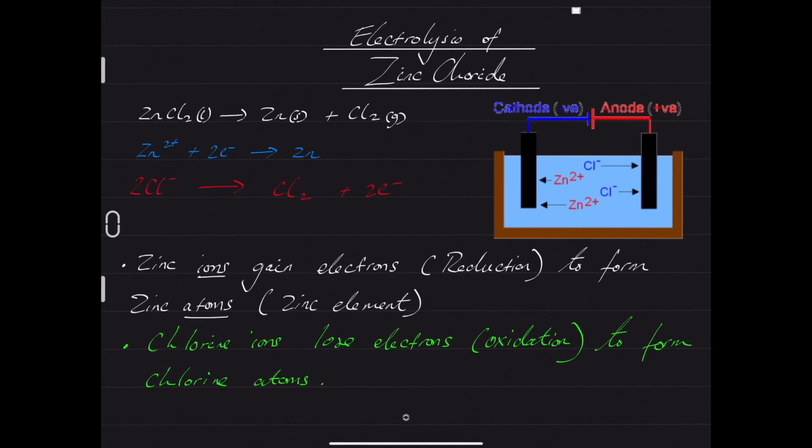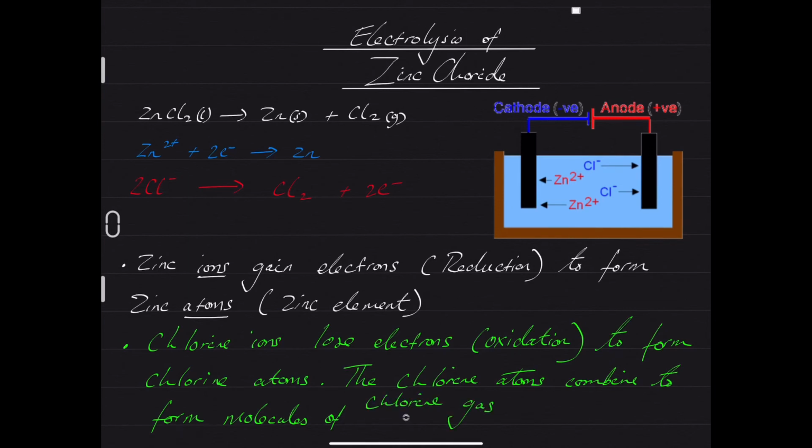So we just have to put an extra sentence there because we have a diatomic molecule. When we have chlorine gas, we say the chlorine atoms combine to form molecules of chlorine gas.